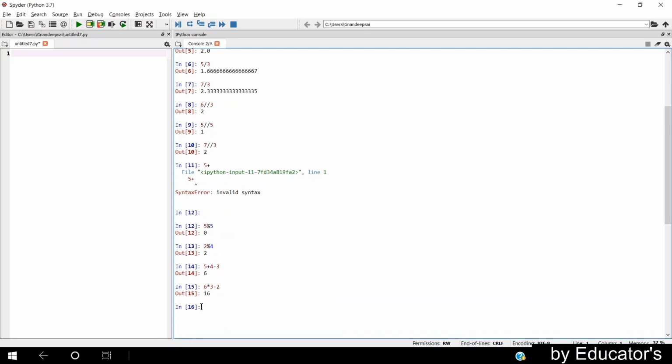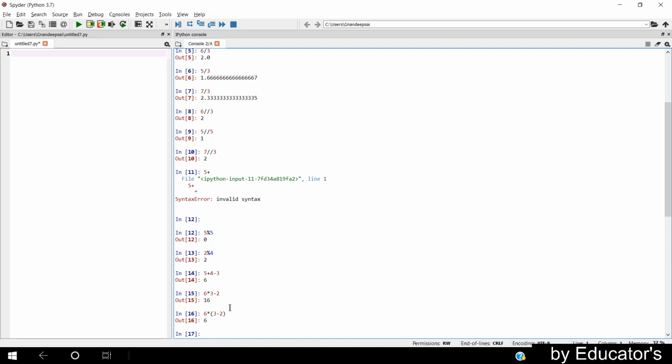So if I want to do the reverse of this, there's a trick to do that also. You just put some parentheses around the values 3 minus 2. So anything in the parentheses will get executed first and later the outside part.